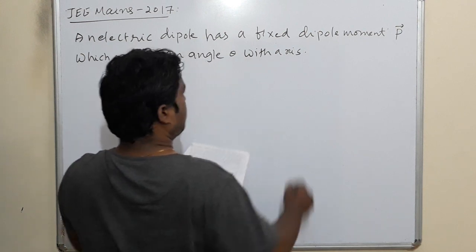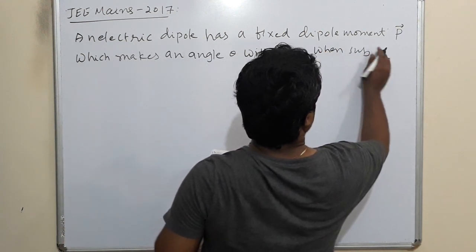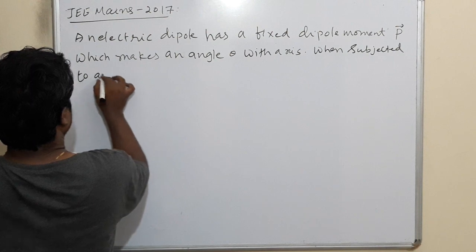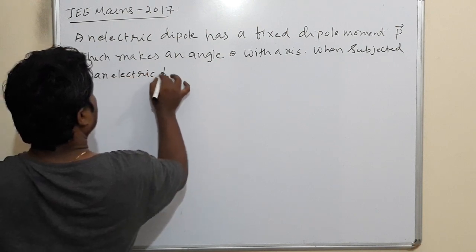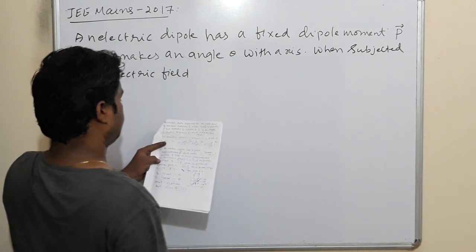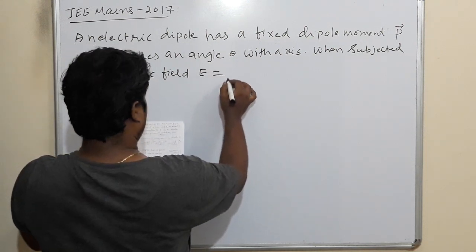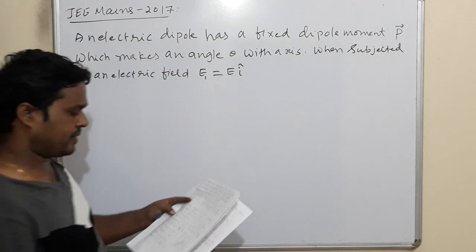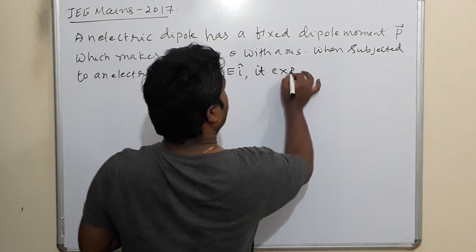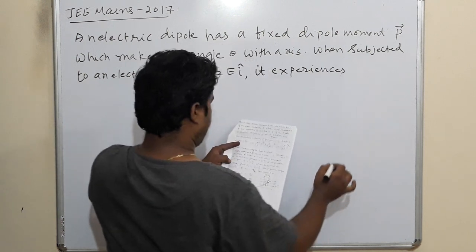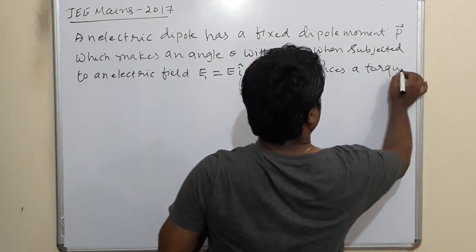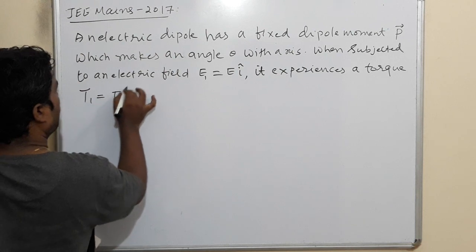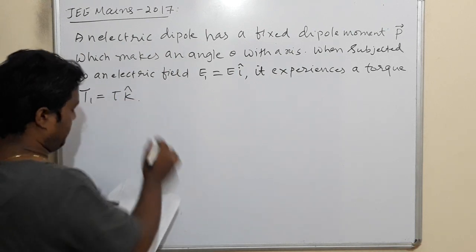When subjected to an electric field E1 equal to E i, the electric field is along x-axis, it experiences a torque tau 1 equal to tau k, because torque experienced is along z axis.